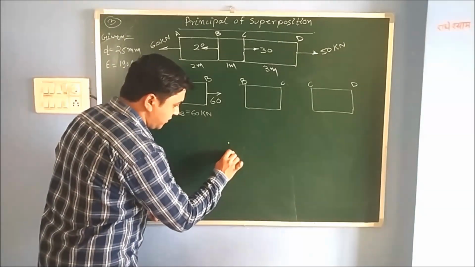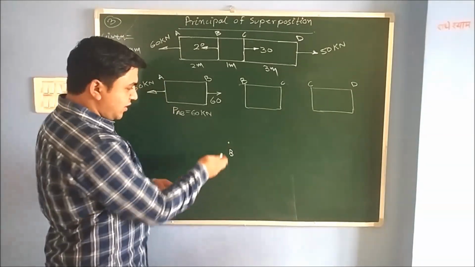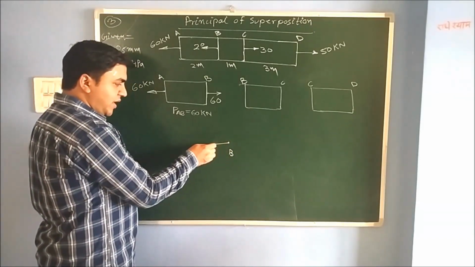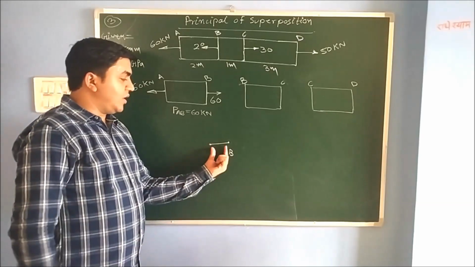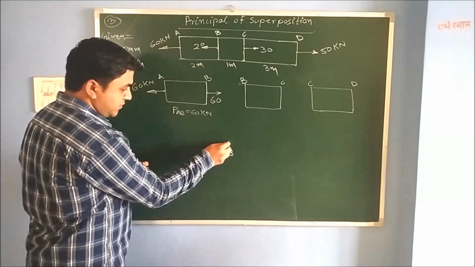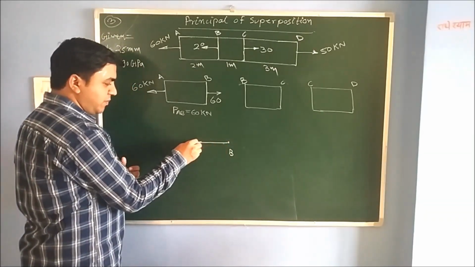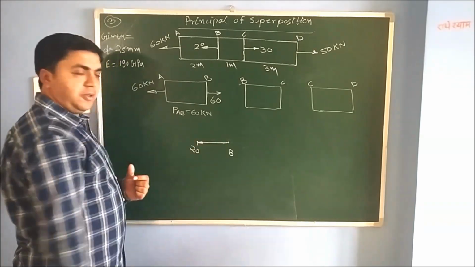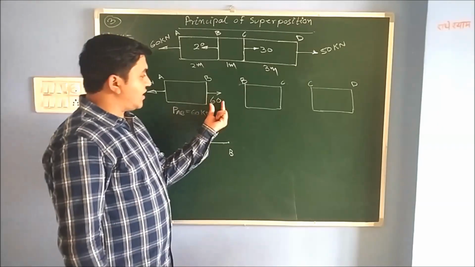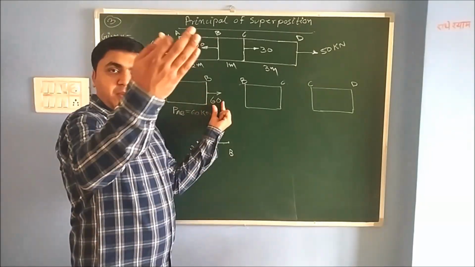This is your B point. आपको क्या करना था? B point से left side पे 20 kilonewton का force apply करना था. आपको यहाँ पे इस डायरेक्शन पे 20 का फोर्स अप्लाई करना था, बट आपने गलती से यहाँ पे 60 राइट साइड पे अप्लाई कर दिया.